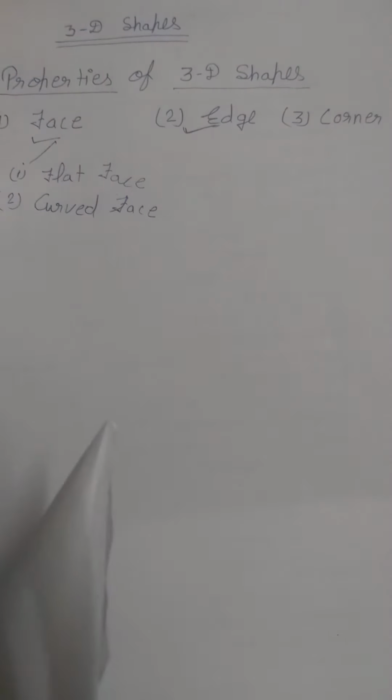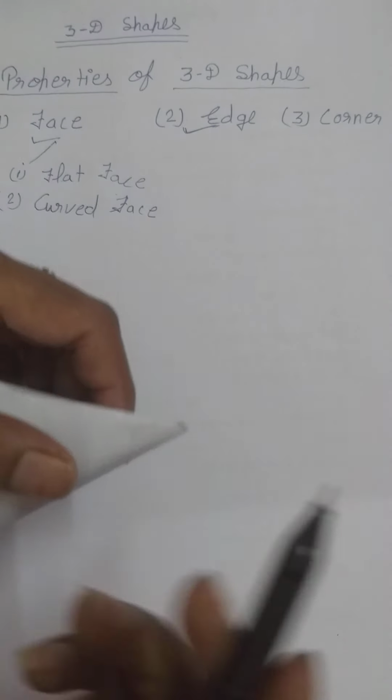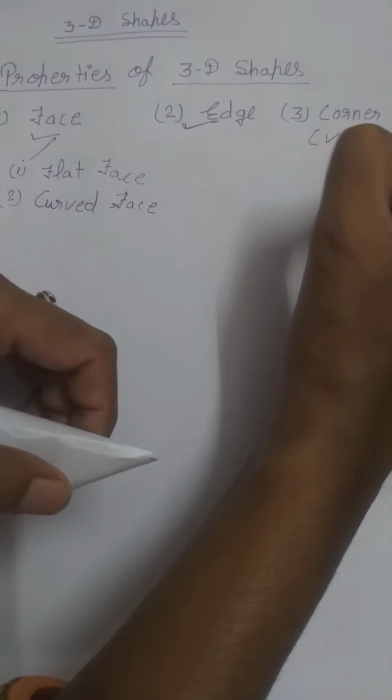If we look around the whole shape of the cone, they are all meeting at a point. They are meeting at one point. Okay, so this one is a corner. This one is our corner. Okay, we call this one a vertex also. What do we call it? Vertex. Also we call this one a vertex.